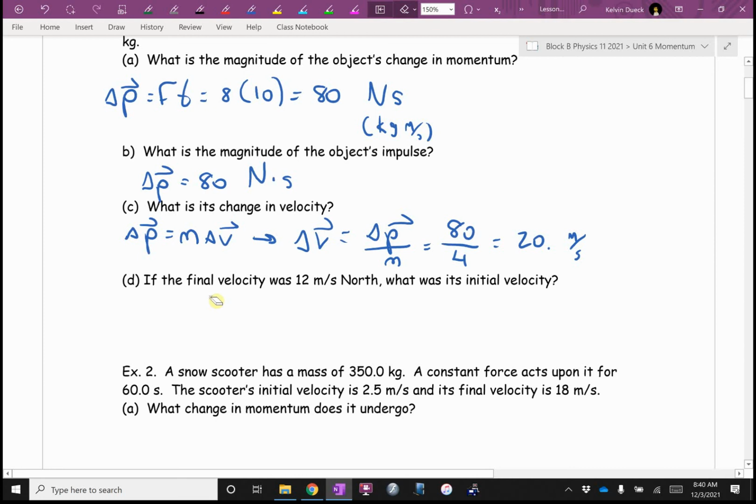In fact, if the final velocity was 12 meters per second north, what was its initial velocity? I think 8 south. Let's prove it. Ready? What's change in anything? So change in velocity is v final minus v initial.